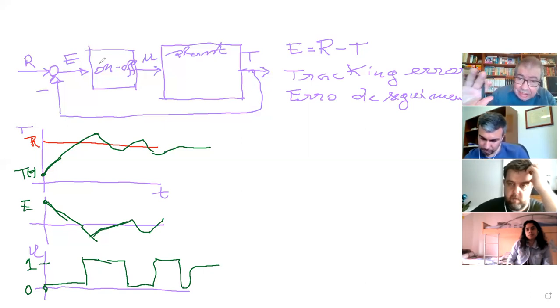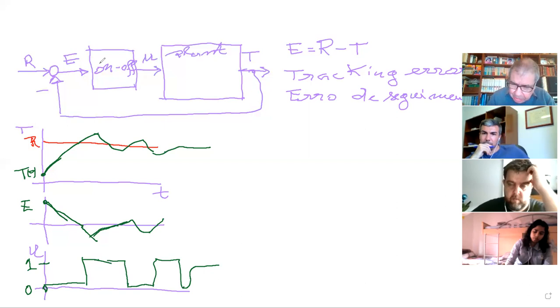And my software is very simple here, such that for big temperature errors, I do a big action. For medium temperature errors, I do an intermediate action. But for very small temperature errors, I just do a small correction.